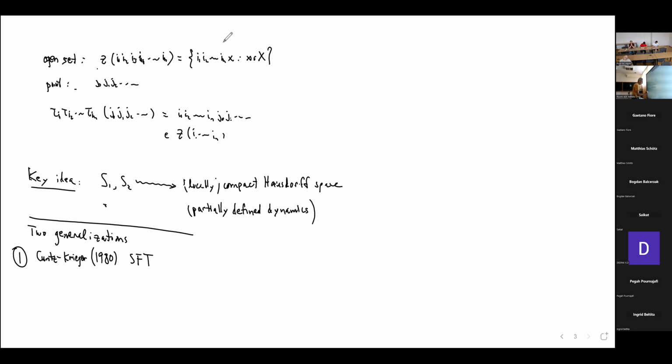So SFT, subshift of finite type. What did they do? We let A be an n by n matrix with entries from 0 and 1. That's how you define a shift. Especially in this first work, they assume that A is irreducible.